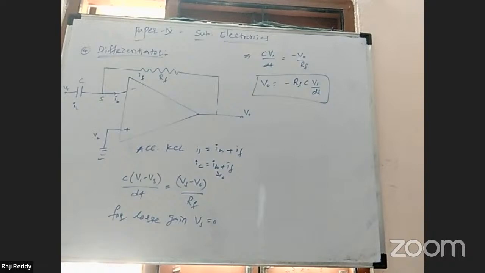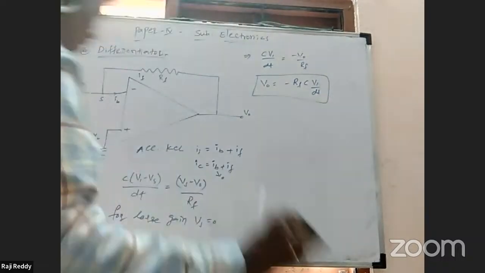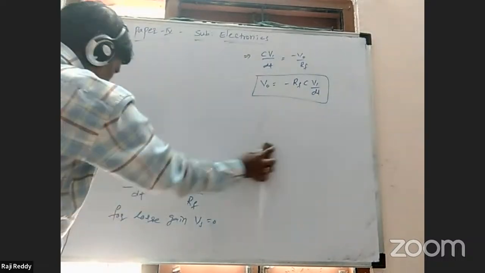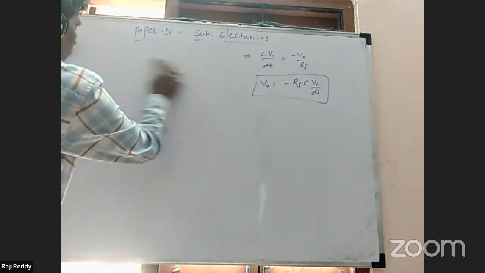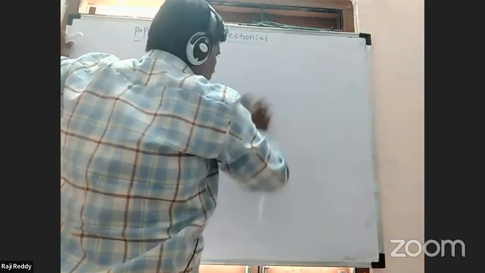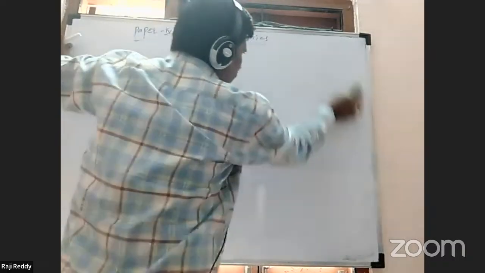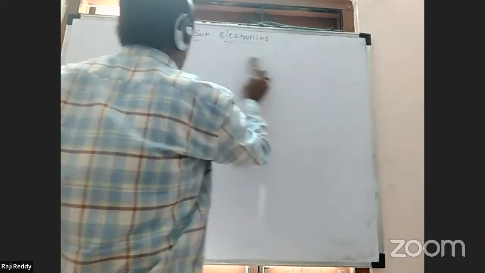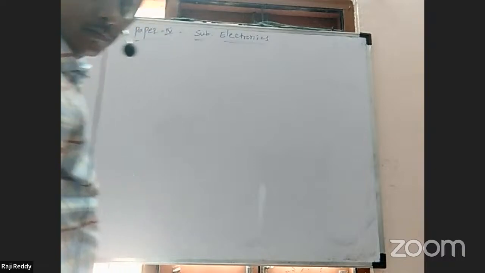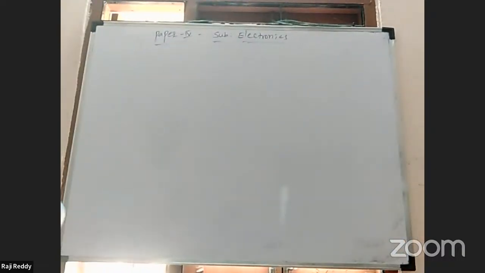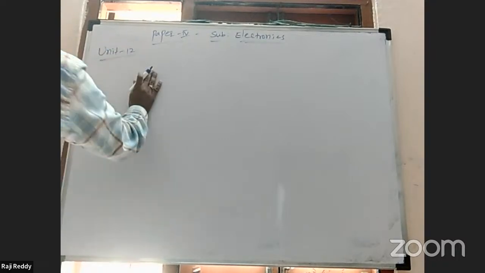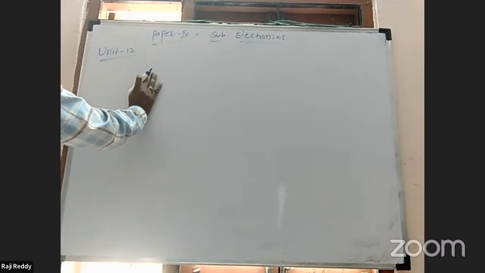Then we can go to the next unit after this. The 12th unit is operational amplifier non-linear applications.